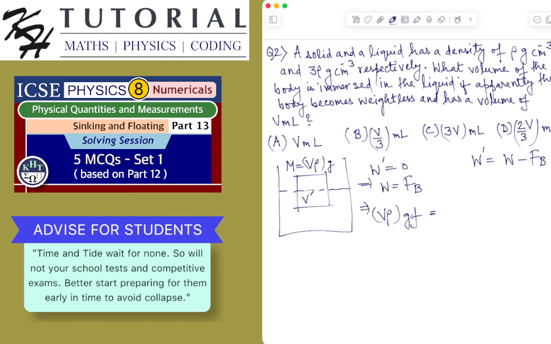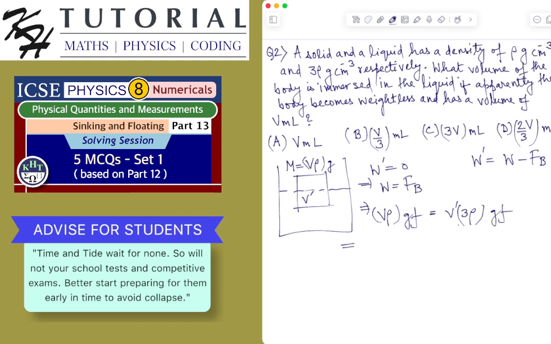The buoyant force is the weight of the displaced liquid, and this displaced liquid has a volume of V dash. Since the density of the liquid is given as 3 rho, the buoyant force will be equal to V dash times 3 rho gram force.